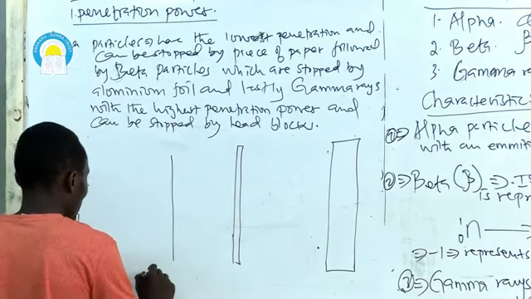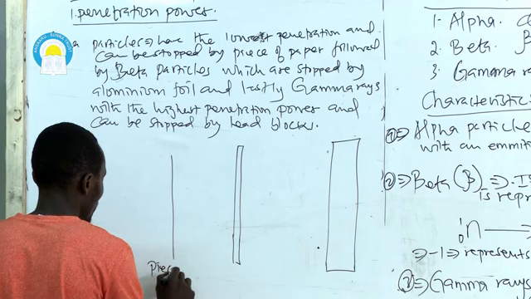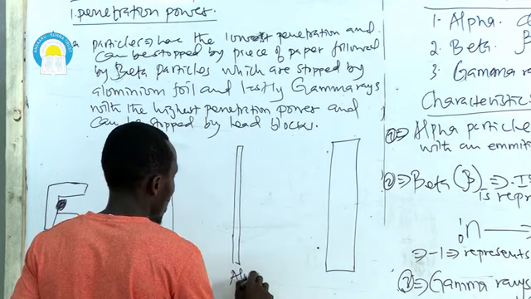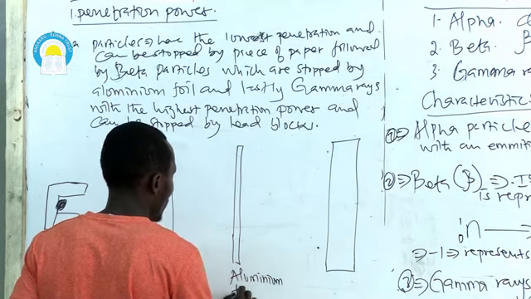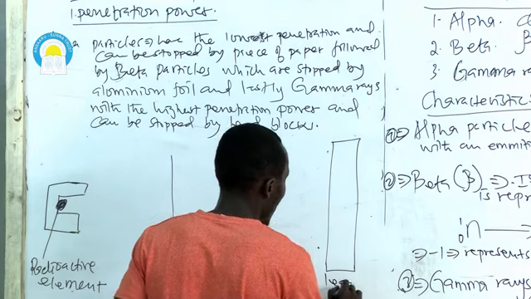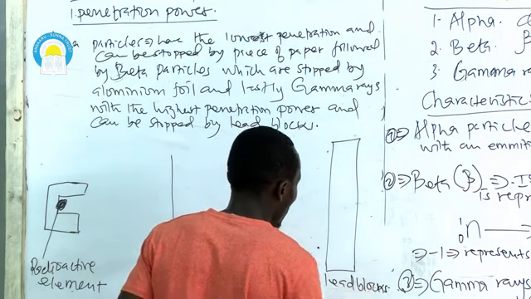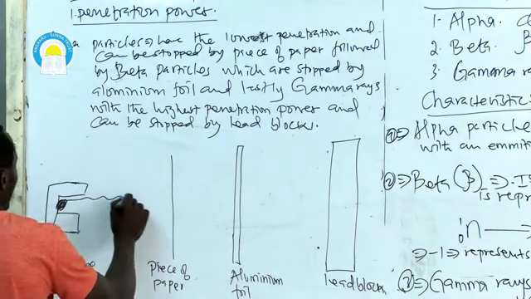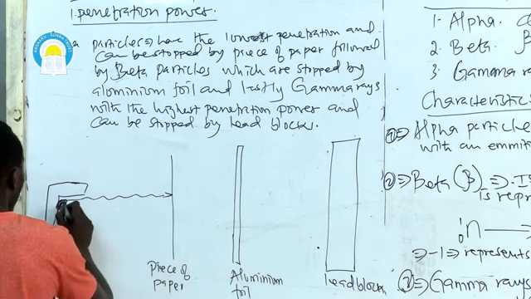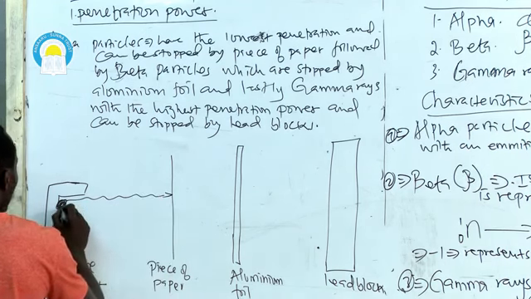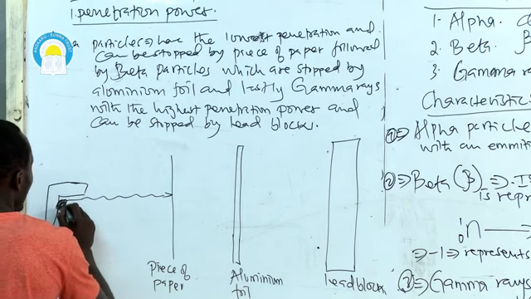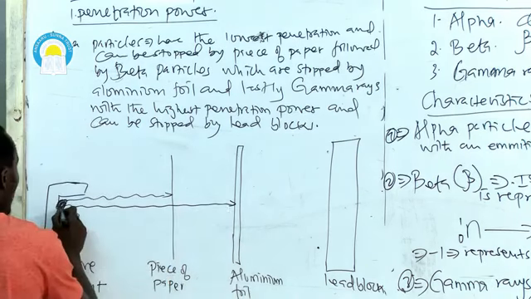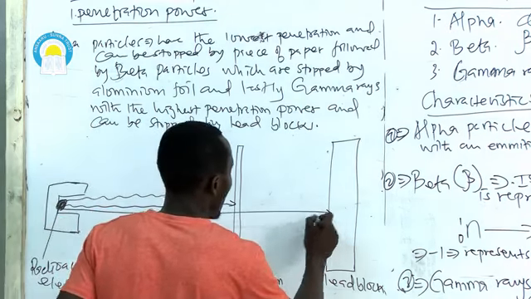This one is the piece of paper, this is the aluminum foil, while this one is the lead block. So we have one that will be stopped here, another one that will be stopped here, and the last one that will penetrate up to that.